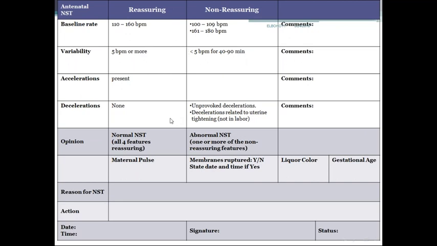Because this is not intrapartum, we will not accept any deceleration. We need to have acceleration. We need to have adequate variability. So every point should be normal.